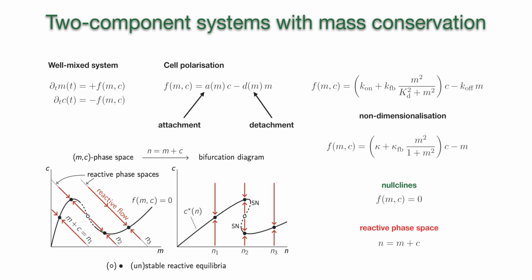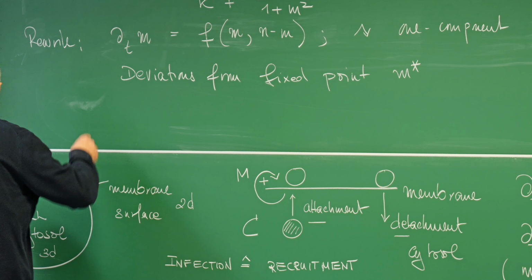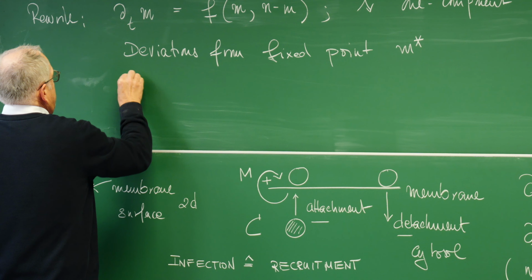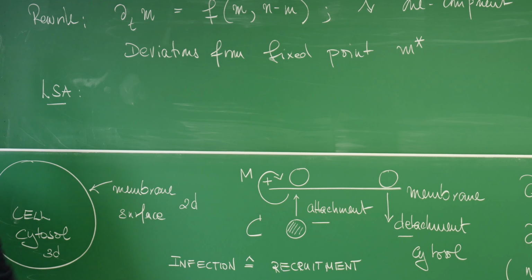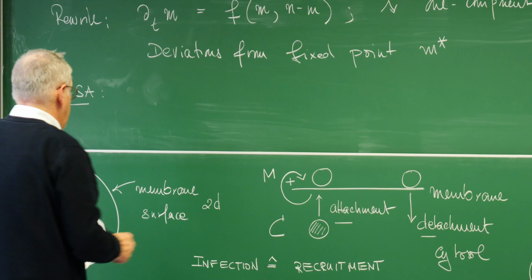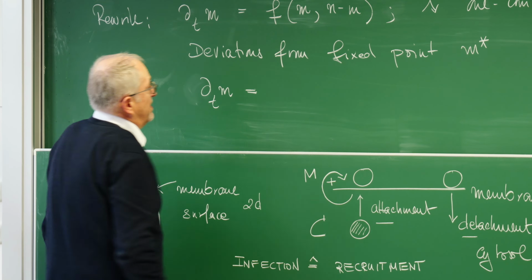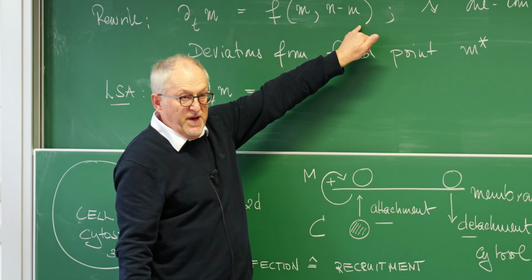Here's one fixed point, here are three, here's again one, and we don't know yet from looking at it which one is stable and which one is unstable. So what you can do is a linear stability analysis, meaning you expand around a fixed point, and you want to know the dynamics in the vicinity of that fixed point. So you write m equals m star plus delta m, and here as well.